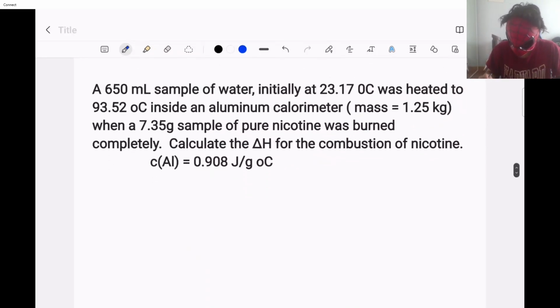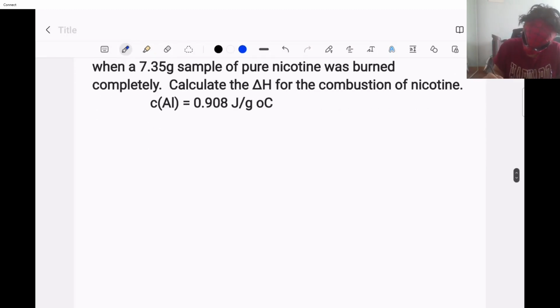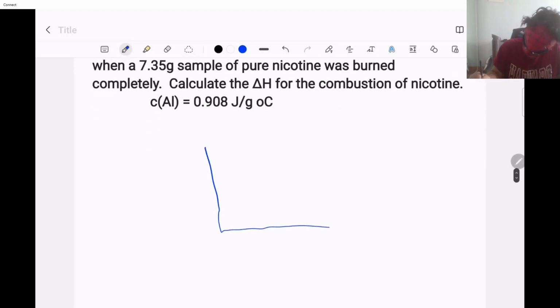So this is a different question in the sense that it is an exothermic reaction, and since it's burning, the nicotine is actually releasing energy to the water and to the calorimeter. Let me draw a diagram to explain what is happening.